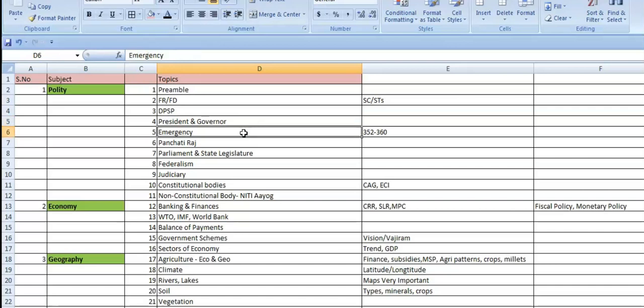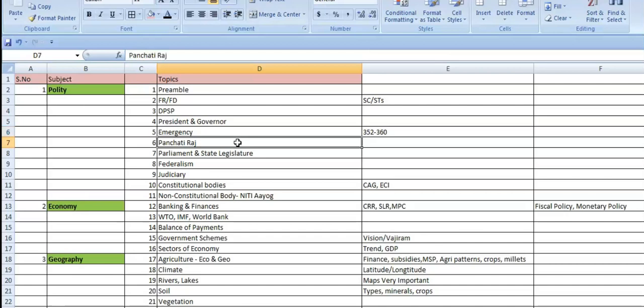Now, emergency: when it comes to President's rule and Governor's rule, you have to focus on emergency, Articles 352 to 360. There has been no financial emergency till now in India. This is the national emergency, and you have to cover when it was implemented, what the rights of a President are on that, what he can do, and everything.